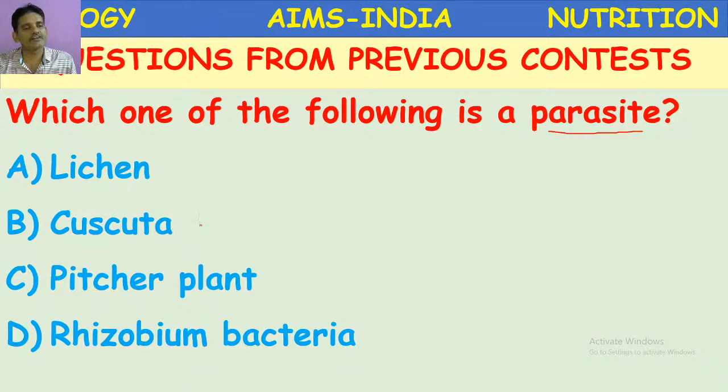Cuscuta is a parasitic plant. Pitcher plant or Nepenthes is an insectivorous plant. Rhizobium bacteria is also one of the partners in the symbiotic nutrition in groundnut. So here the correct option is Cuscuta, a parasitic plant.